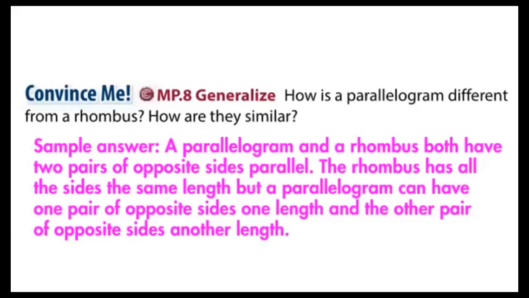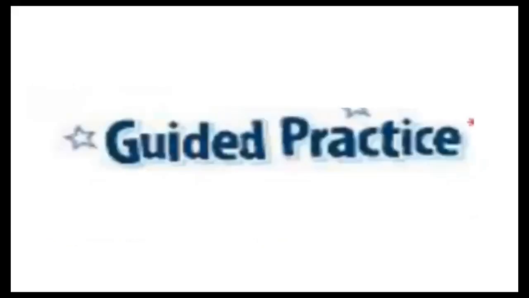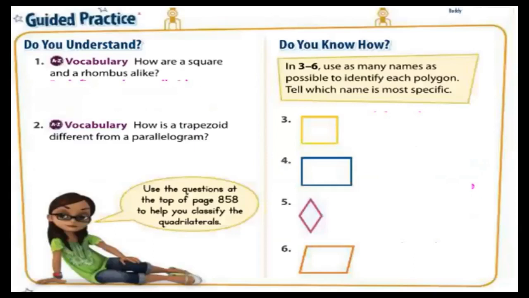Okay, time for guided practice. Question number 1. How are a square and rhombus alike? Square and rhombus. We are going to compare between the two items. The first one is a square, and the second one is a rhombus.